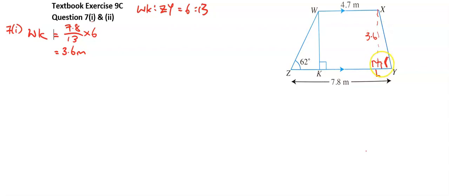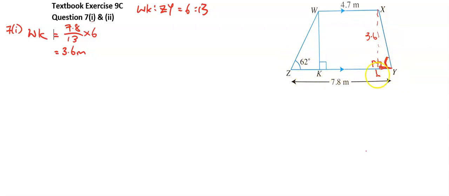So now we will have sufficient information to find our angle XYZ. We have enough info to find this length LY. If we find LY, we'll be able to use trigo to get the angle XYZ.